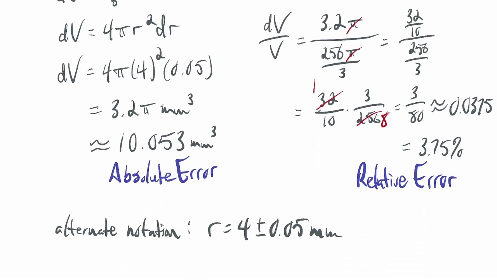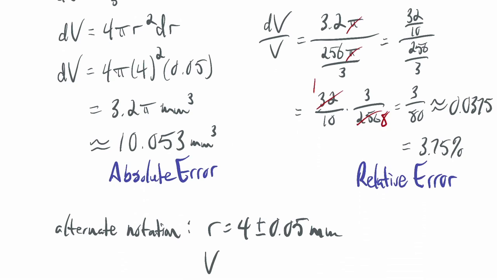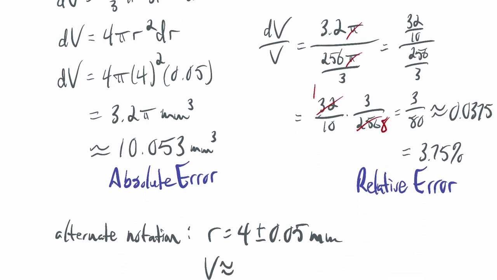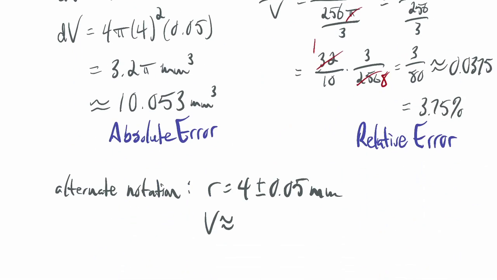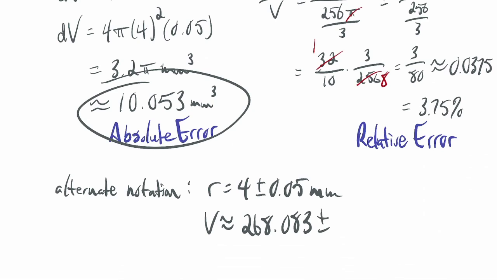So then we could say that the volume is approximately, I never got a decimal for that, so I'm going to need a decimal for this at this point. So 256 pi divided by 3. Yeah, to 3 places, 268.083, plus or minus that dV, the error, 10.053.